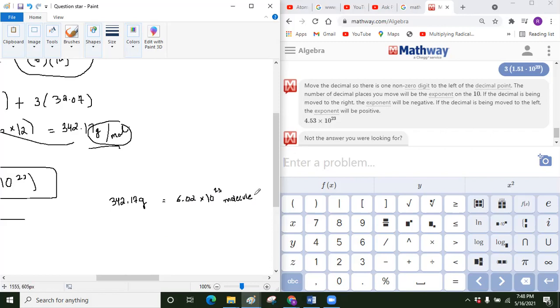And so these many grams of Al2SO4 would give me these many molecules of Al2SO4.